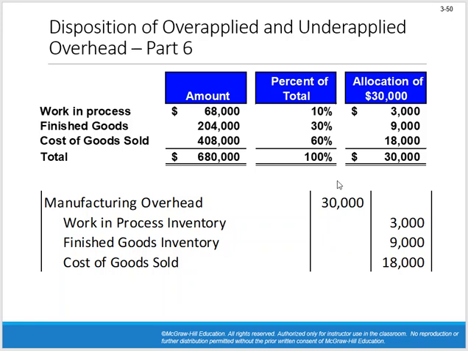And then instead of putting all of it as a credit to COGS, we break it out in these proportions. WIP 3,000, finished goods 9,000, cost of goods sold 18,000. If you can recall all the way back to your favorite course, financial accounting, this kind of looks like doing a basket purchase allocation, if that rings a bell.